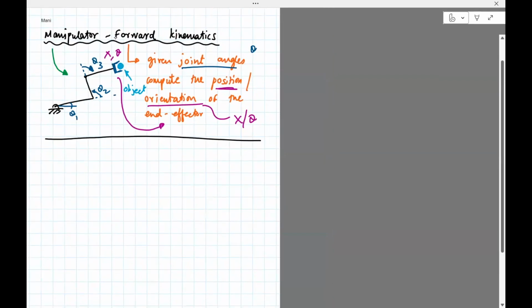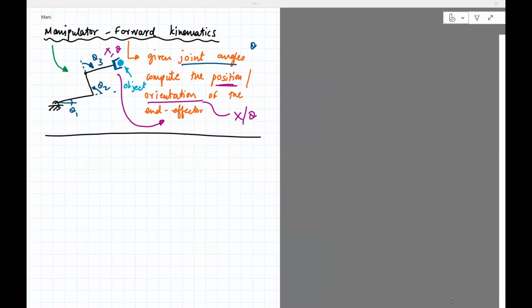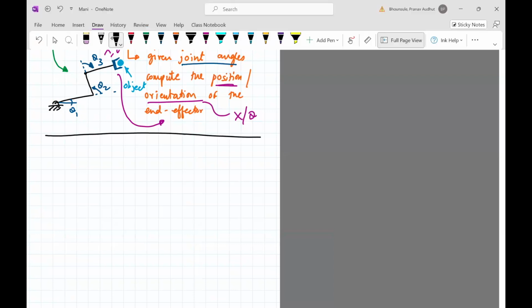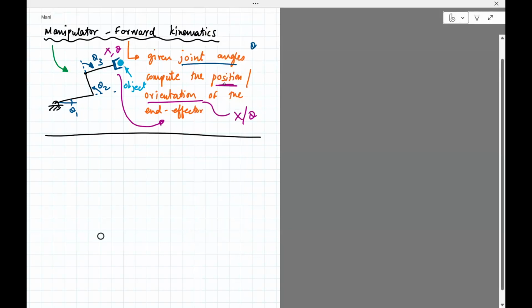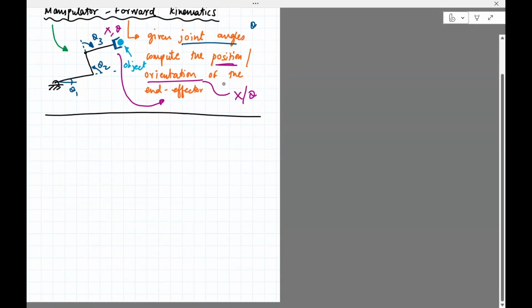So here is link 1, link 2, let's say end effector.